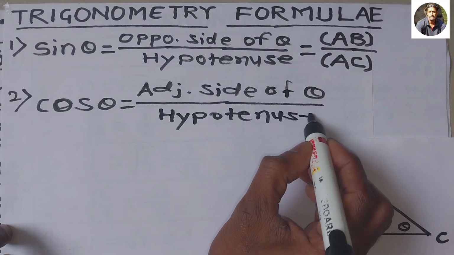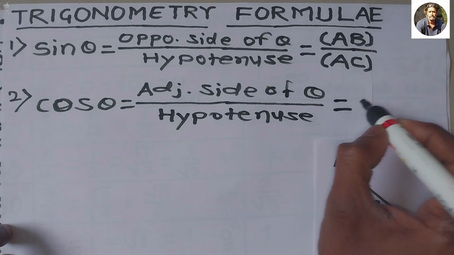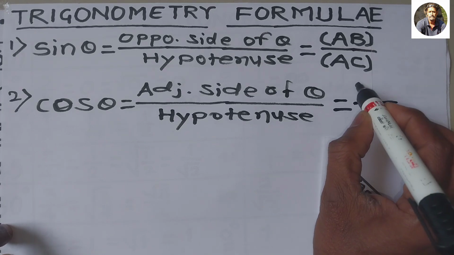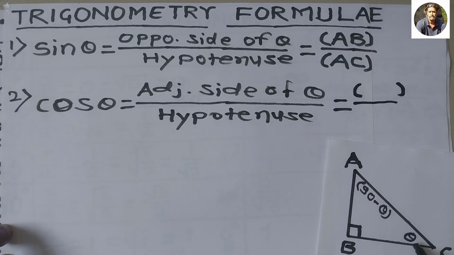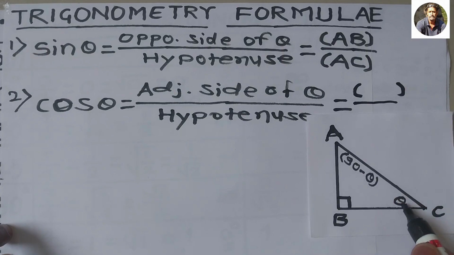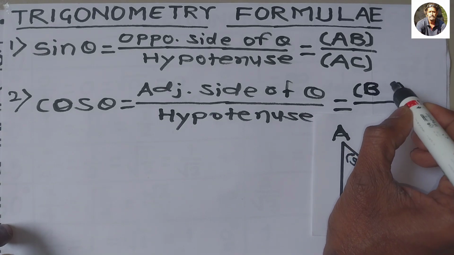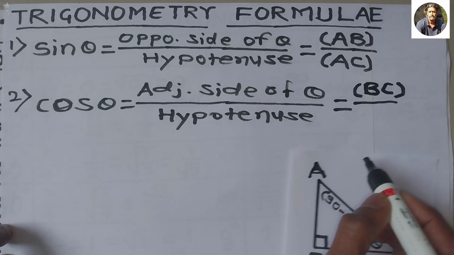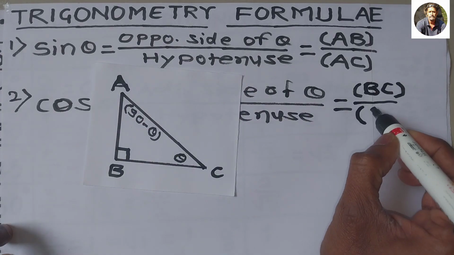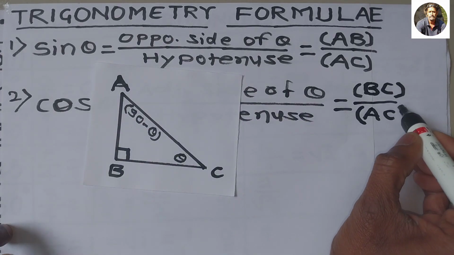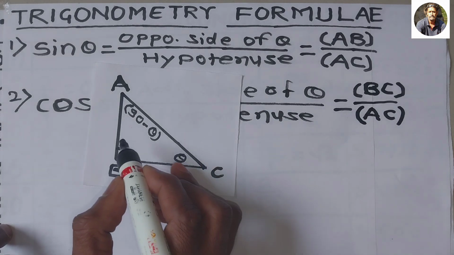Now here we put values, that is adjacent side of theta. This is adjacent side, this is also adjacent side, but this is hypotenuse. It has a name, and therefore adjacent side of theta, that is BC, we write here at numerator upon hypotenuse, that is AC, that is opposite to right angle.